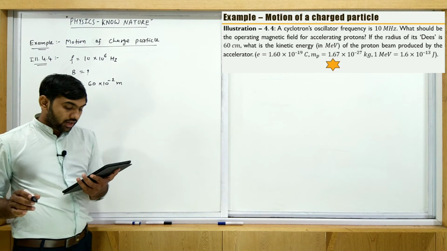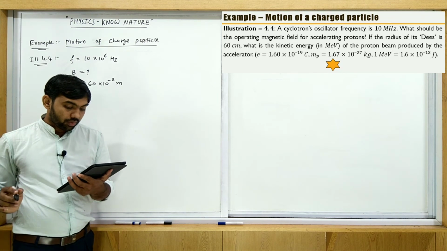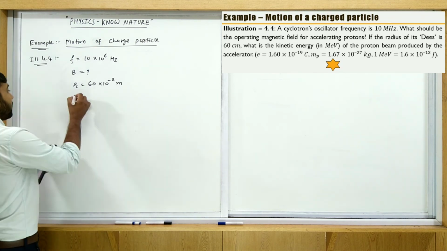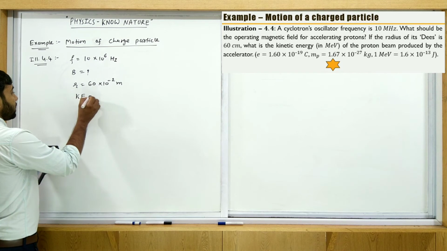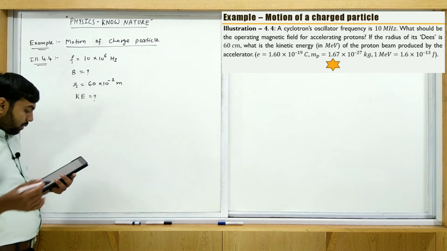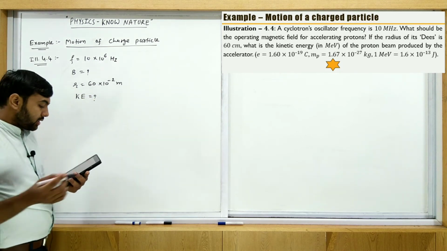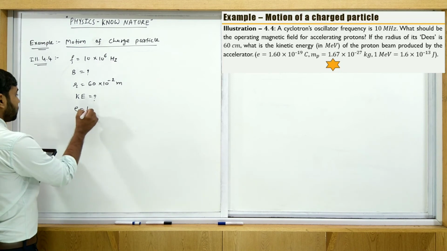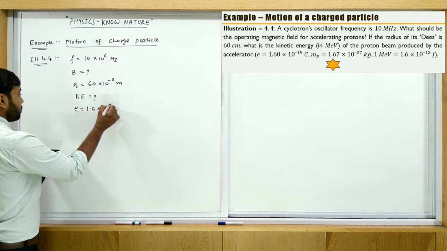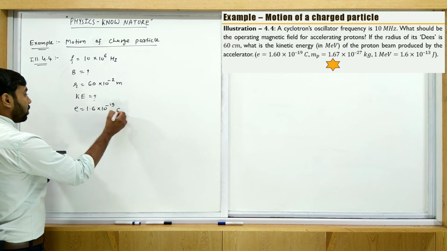And what is the kinetic energy of the proton beam produced by this accelerator? So we have to find the kinetic energy. Some data are given to you. e is equal to 1.6 into 10 raised to minus 19 coulomb.